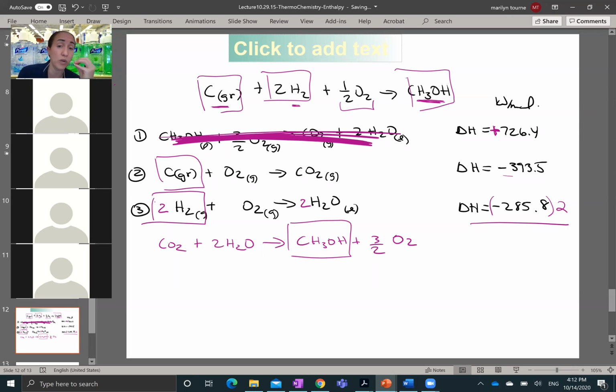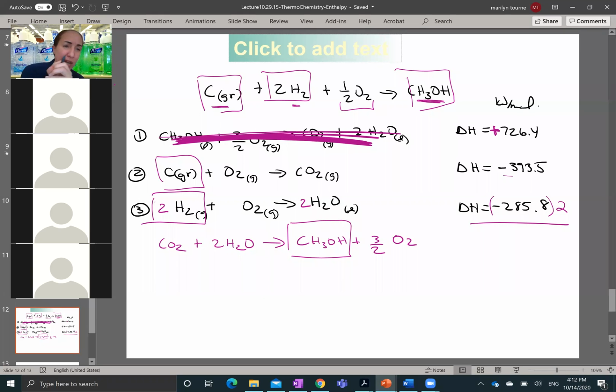So first let's ask, what can we cancel from these 3 examples? You can cancel the O2s. How about we don't start with that. I mean, we can, but let's start with the other stuff.